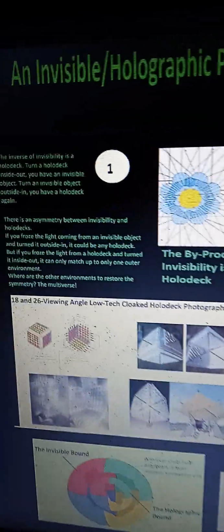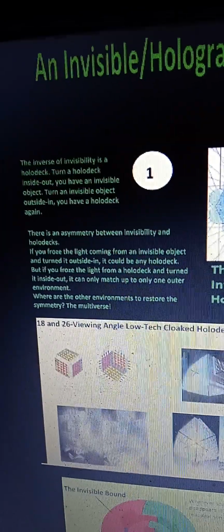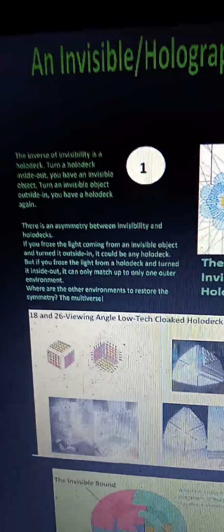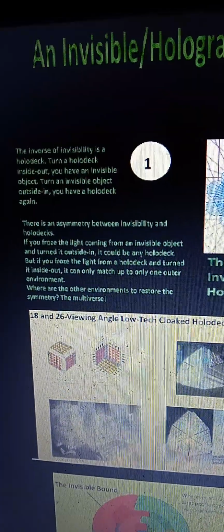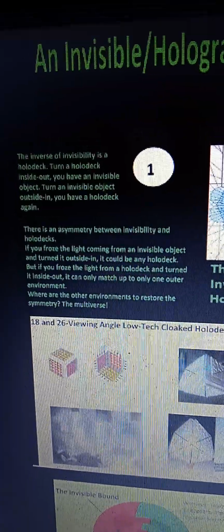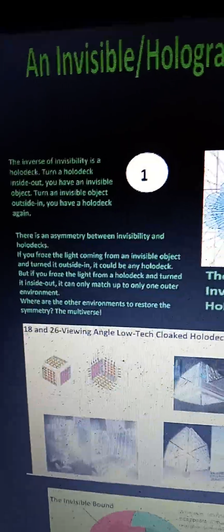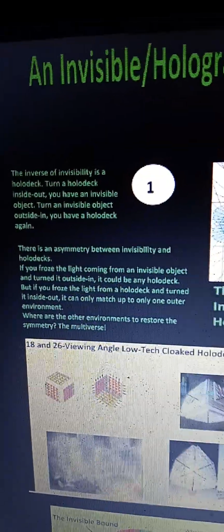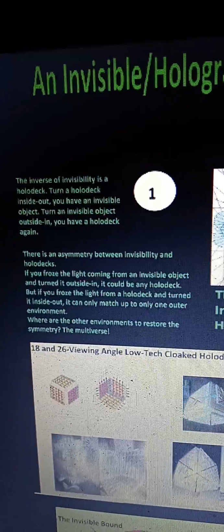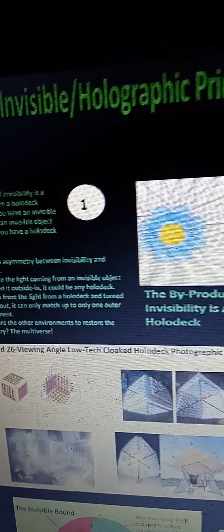Institute for Advanced Study at Princeton, I think, or something else, or I think it's the Perimeter Institute. His YouTube lecture on the meaning of space-time. So this once again is called an invisible holographic principle and the riddle of the multiverse.